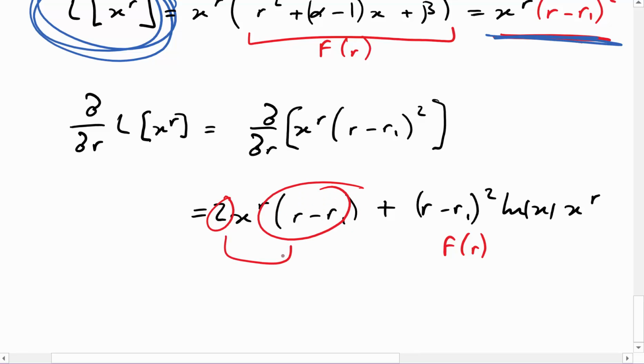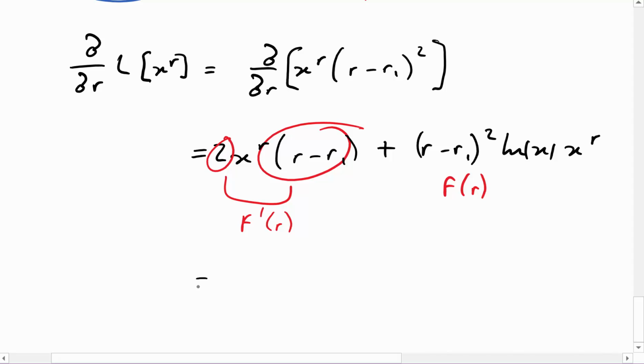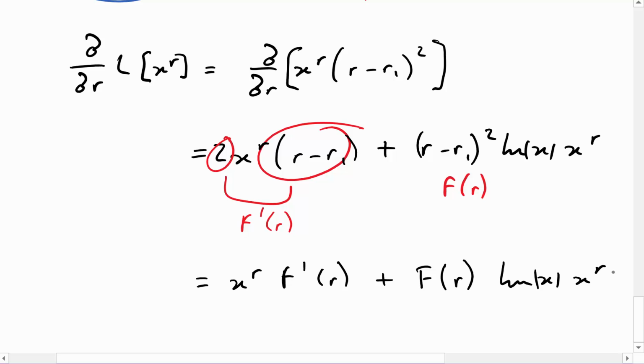Putting those two things together, if I rewrite this, I can write it as x to the power of r times f dash of r, plus f of r times natural logarithm of x times x to the power of r.